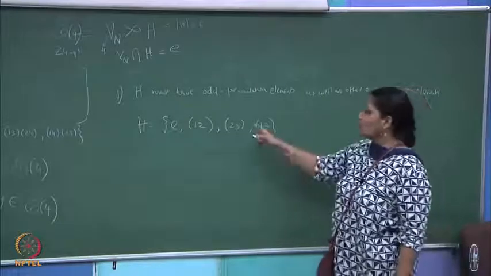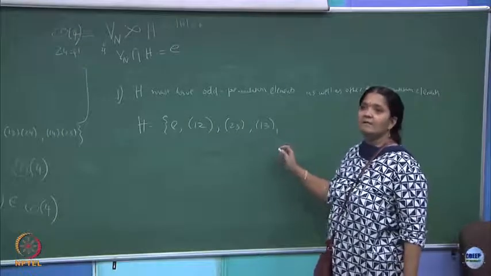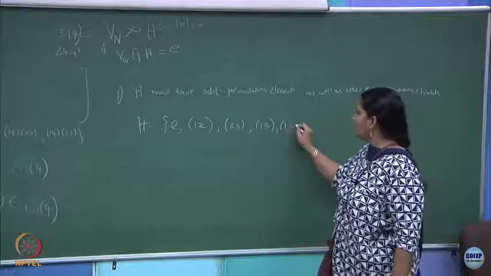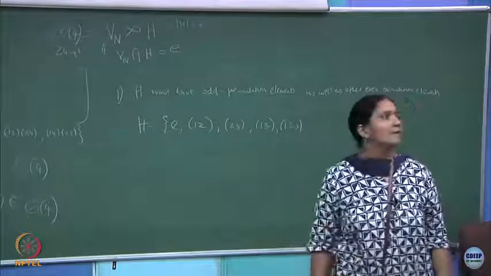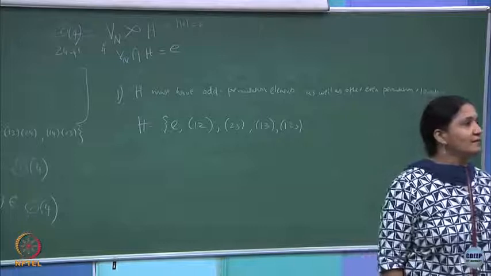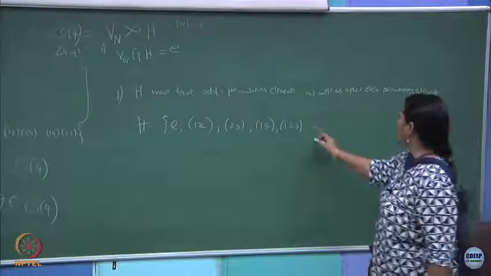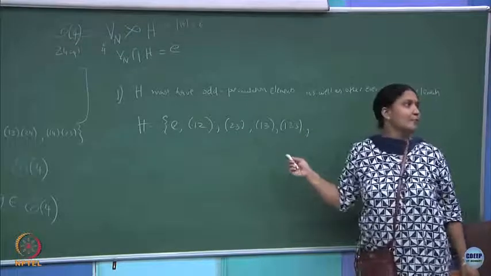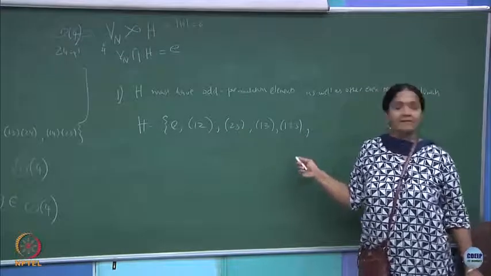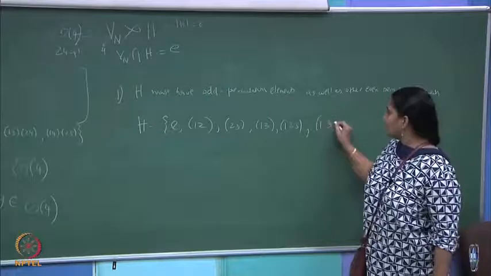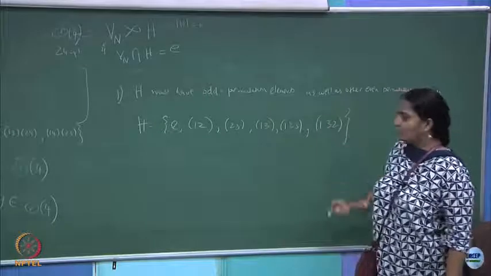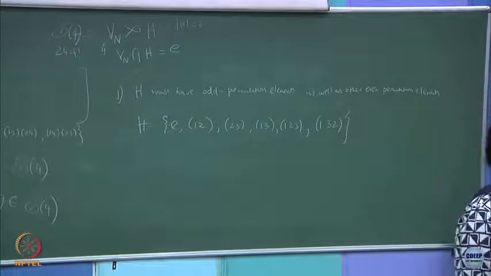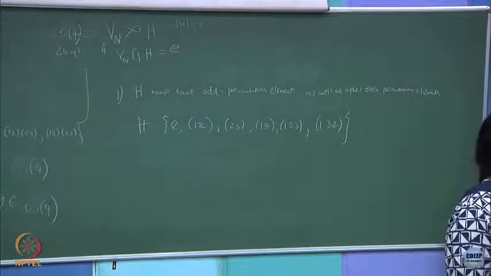1 2, 1 3 will be a product of 2 transpositions, which will give you a 3 cycle, right. And completely you know it is like the symmetric group of degree 3, 1 3 2. By now all of you should be comfortable with the cycle structure notation or the other notation.